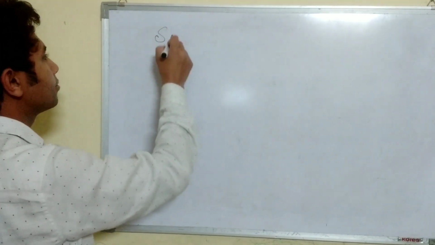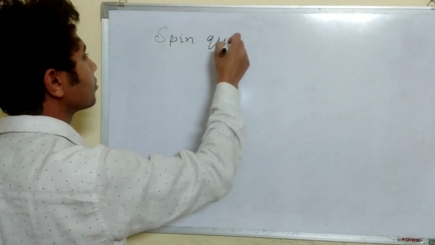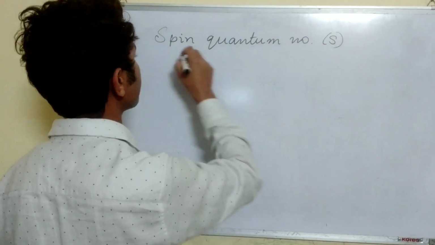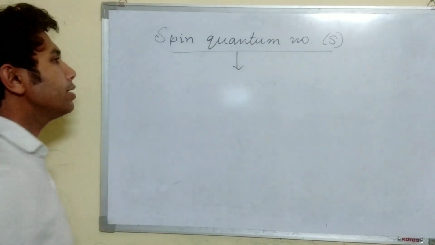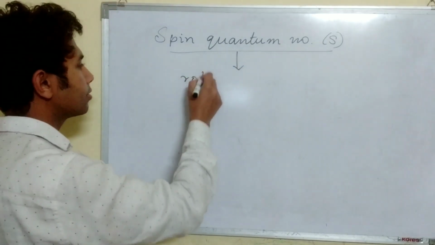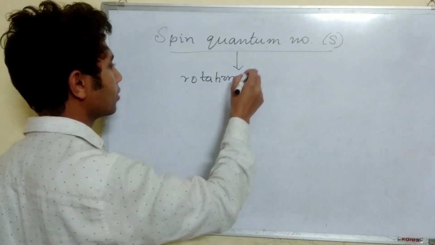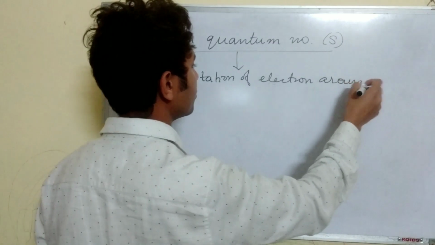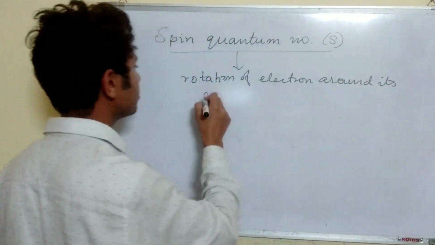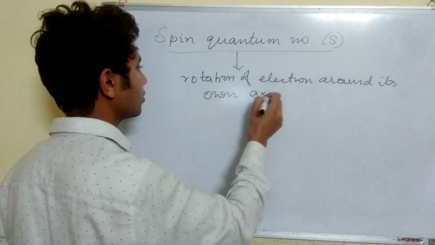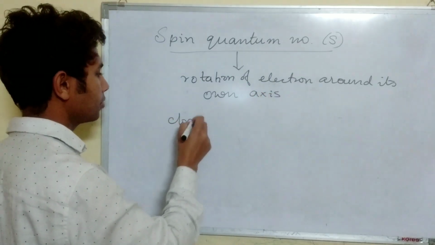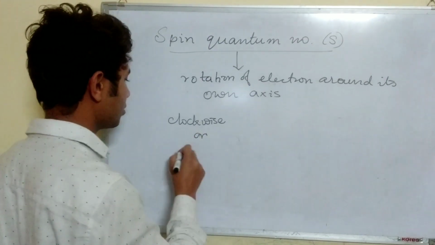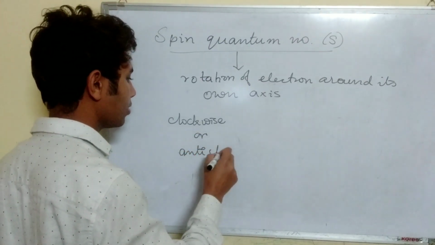Students, now we have the spin quantum number s, which arises from the rotation of the electron around its own axis, which may be either clockwise or anti-clockwise.